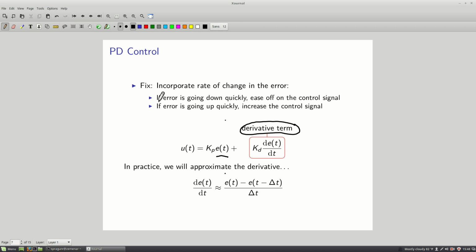So if the error is going down, then that means we're already moving toward the goal and we can ease off on the control signal. If the error is going up, in spite of what we're doing with our controller, then that's an indication that what we're doing isn't working and we need to increase the control signal. So that's the basic idea, that's the basic motivation behind this derivative term.